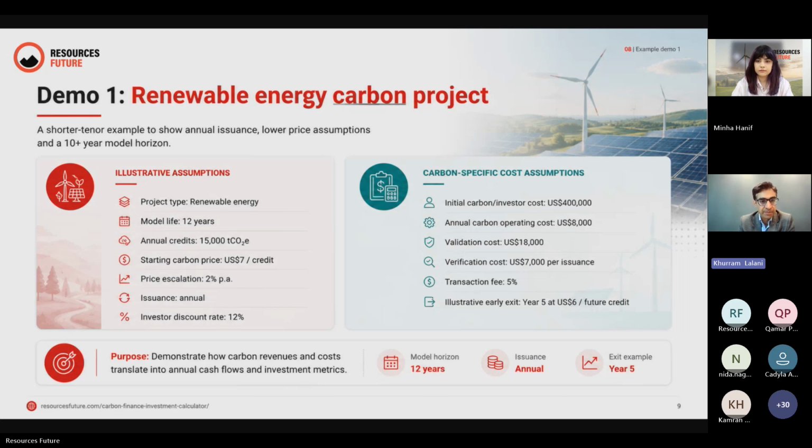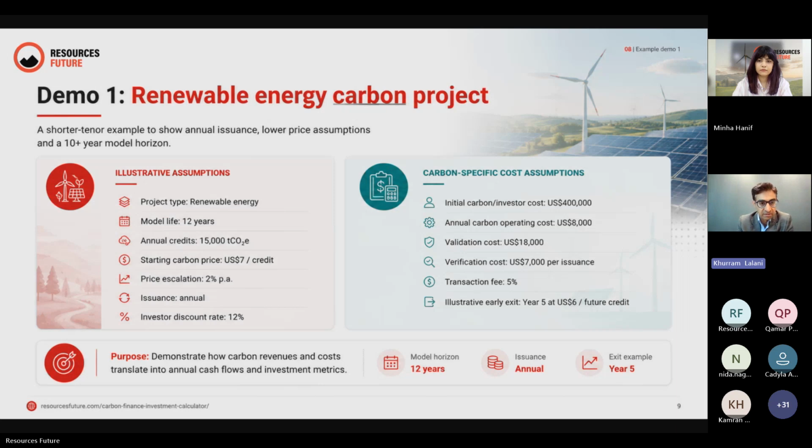Now, maybe this is a good model to start. If everyone is ready, we can start off with the project name. We can input any project name that you like, maybe ABC Renewable Energy. I'm going to start with ABC Renewable Energy. The model life is 12 years.